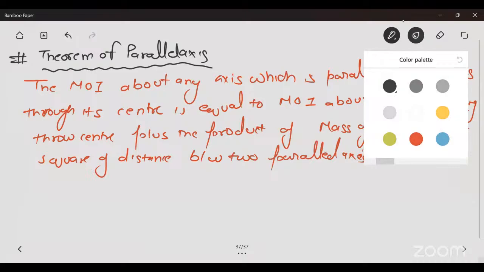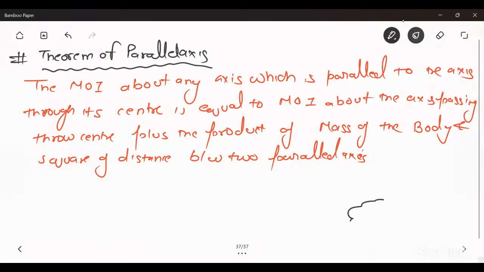Let's suppose that was your body and its center is at O. And this body has mass m at distance d. We have to find the moment of inertia of that.